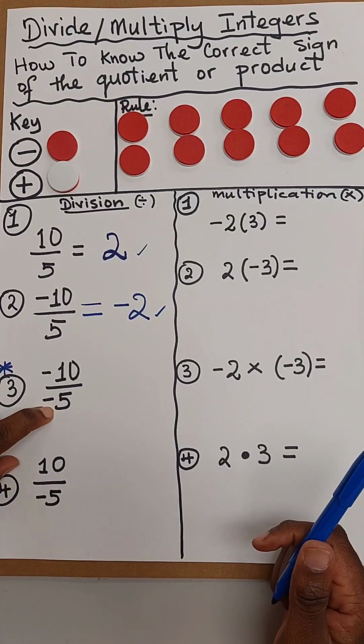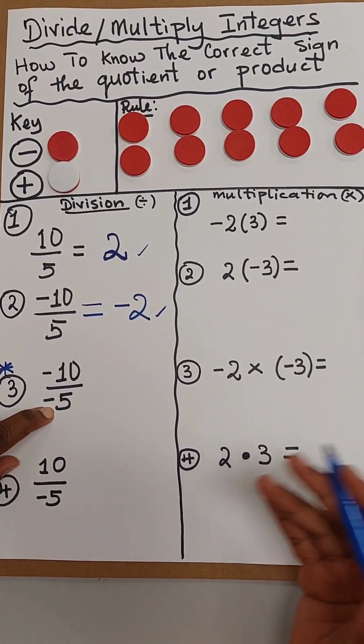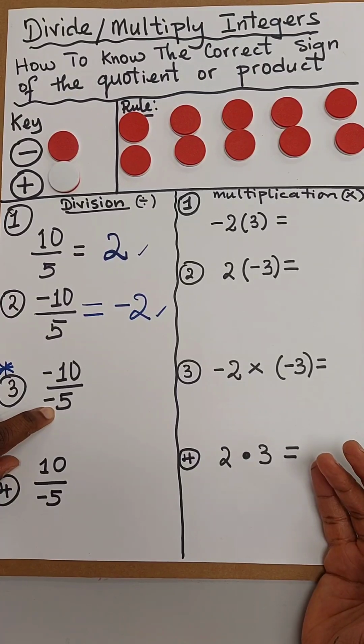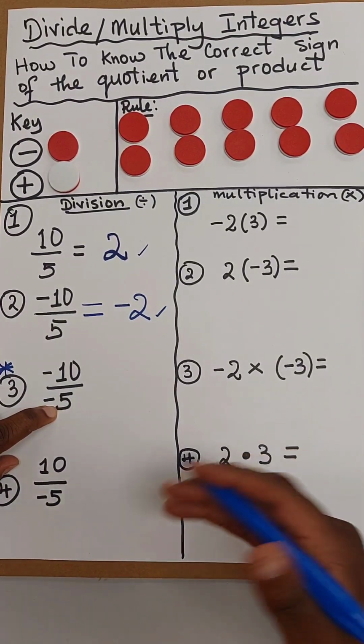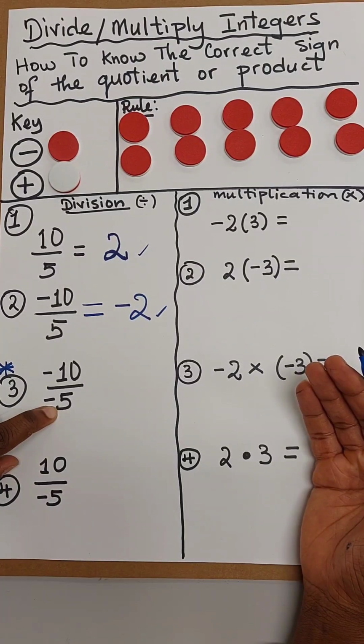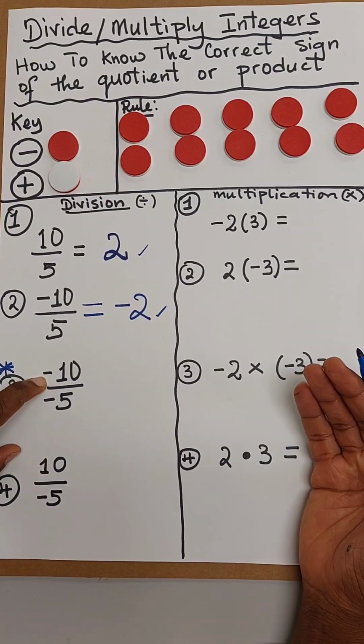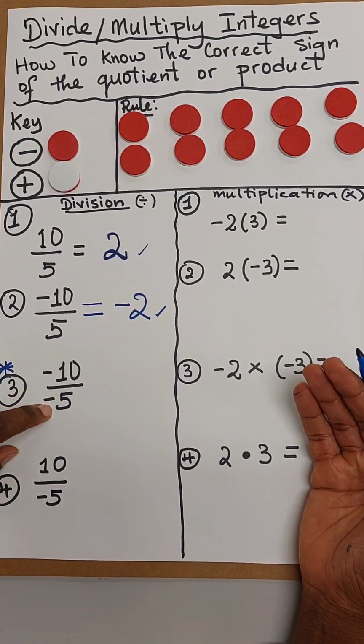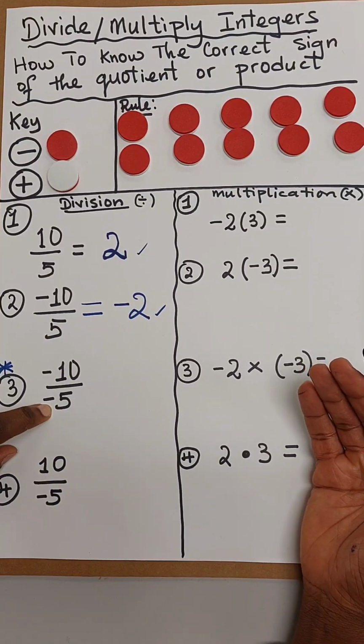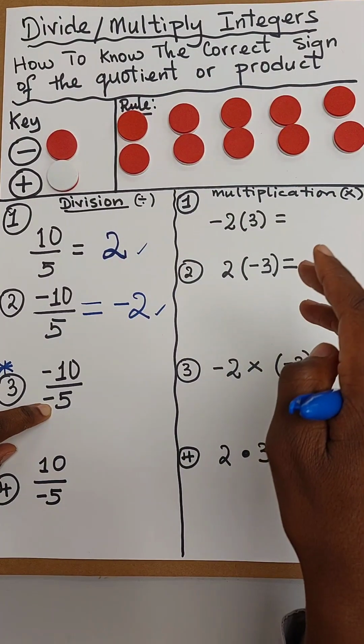Do you divide to negative people? Who is negative people? That is not realistic. So what this negative does is that it turns around, it flips the chips around. You're dividing negative 10 chips to negative 5 people, and there's no negative 5 people. So it reverses the chips.